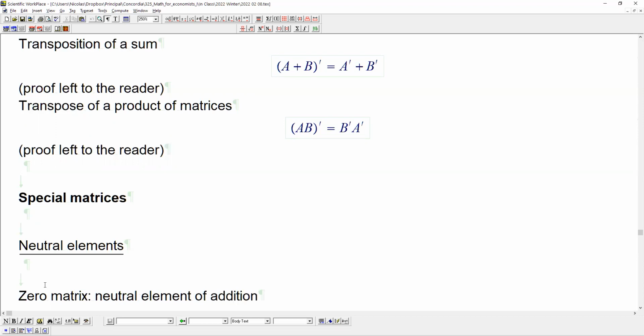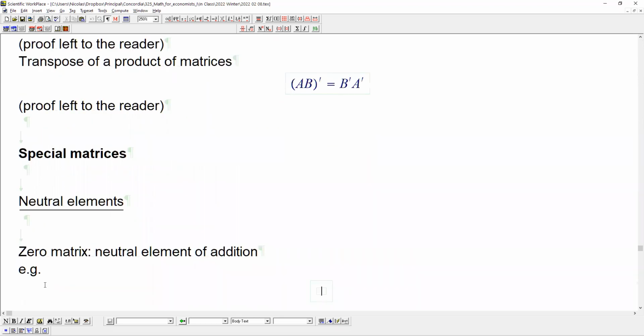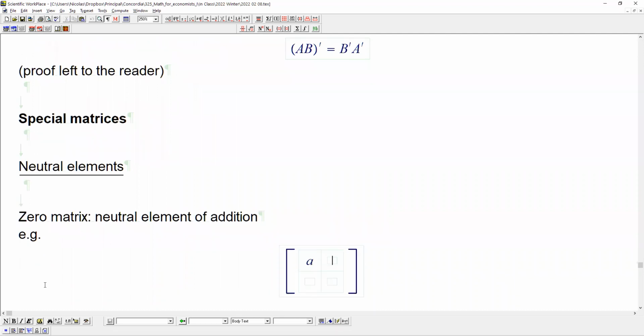Of course, there are an infinite number of zero matrices because I haven't told you what the dimensions are, and you use the dimensions you need for your own problem. So for instance, if I have A, B, C, D plus the zero matrix, that gives you A plus 0, B plus 0, C plus 0, D plus 0. So you get the same thing.